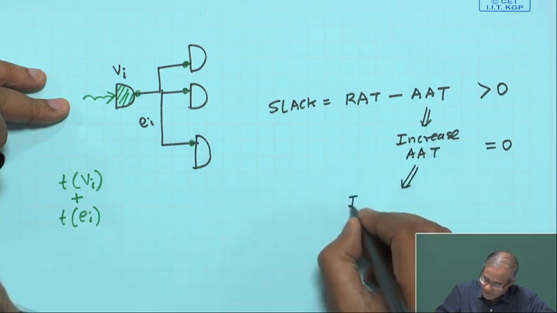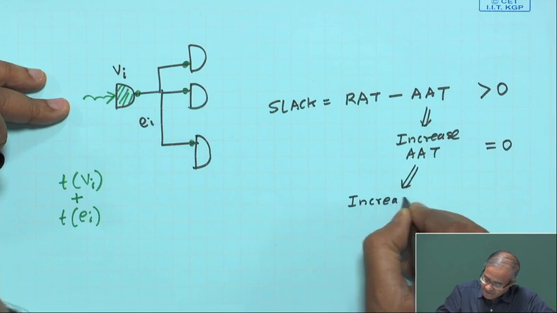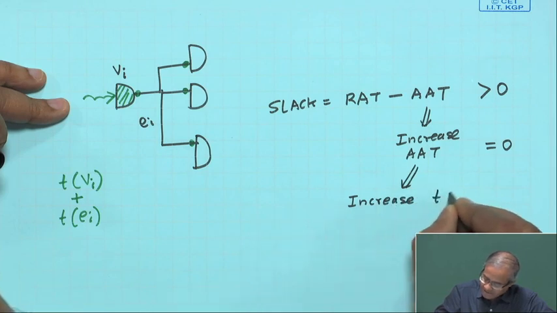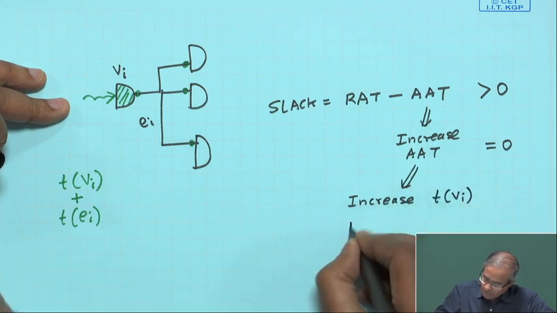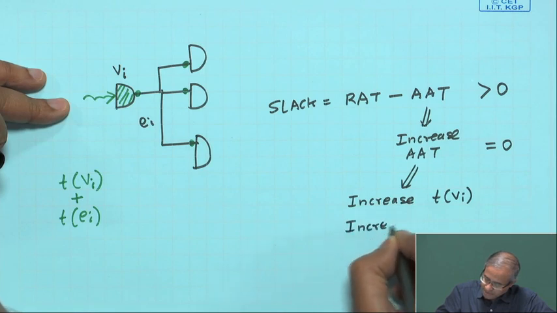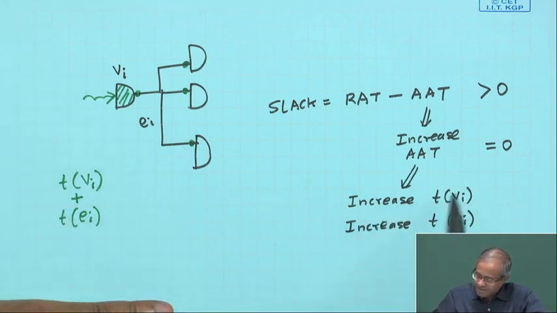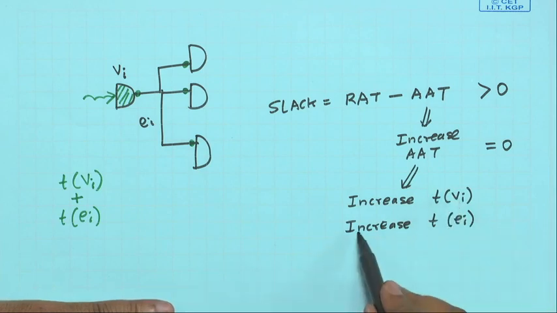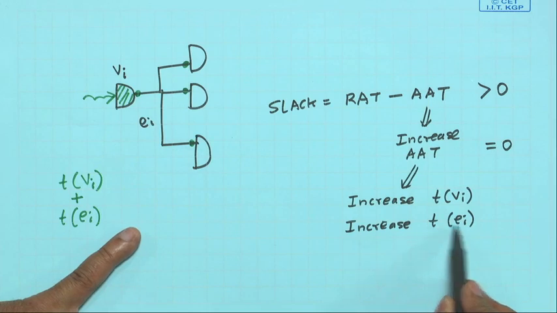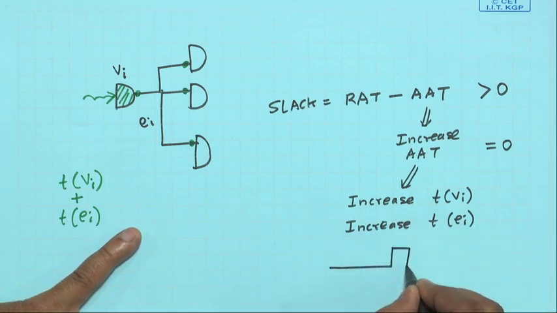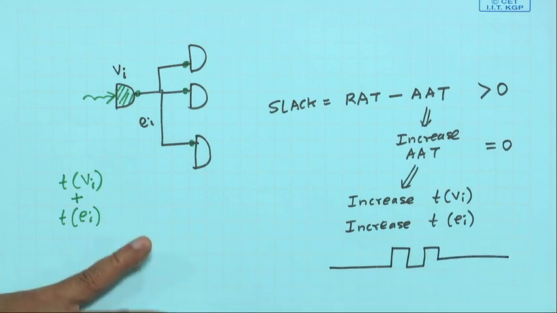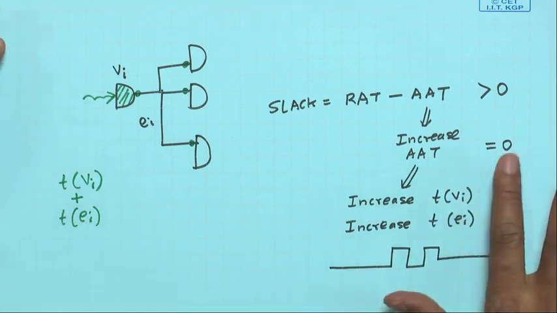I can either increase the delays of the gates like TVI, or I can increase the delays of the nets TEI. The delays of the gates I can increase by scaling down the gates, making them smaller. The interconnection delay I can increase by appropriate routing. So, instead of a straight routing, maybe I can make a zigzag kind of route. Okay. So, roughly the idea is this.